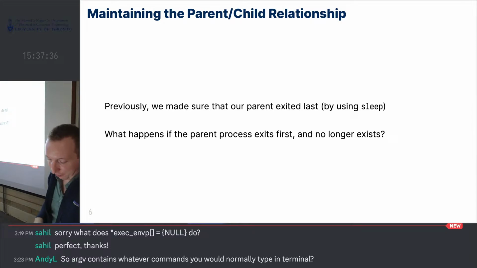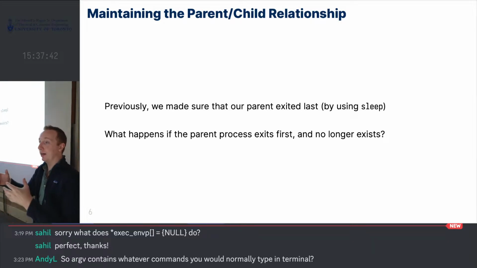So, for instance, what happens if my parent process exits first and no longer exists? So my process, which is a parent, has a child process, and then I finish before my child. In other words, the parent dies before the child. What happens to the child?